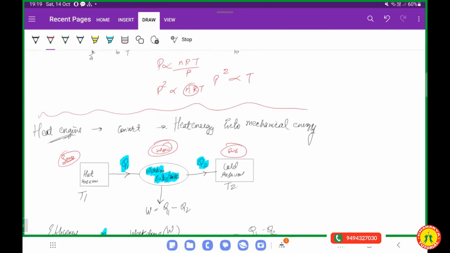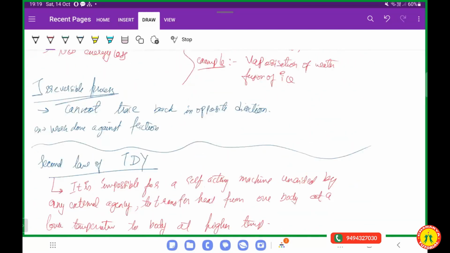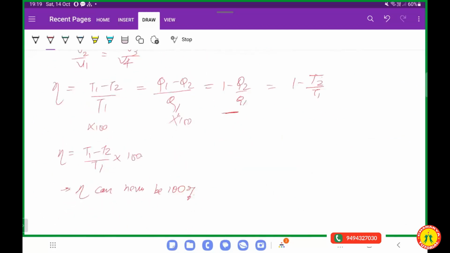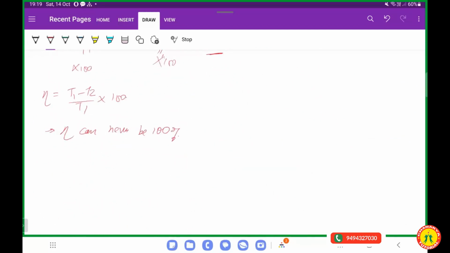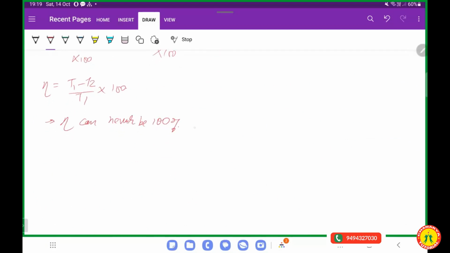If the sink is zero, that means everything is given as output. Whatever input is given, everything is converted to output, which is not possible. There will be a little loss. Never 100%. You can write T2 equals 0, not possible.